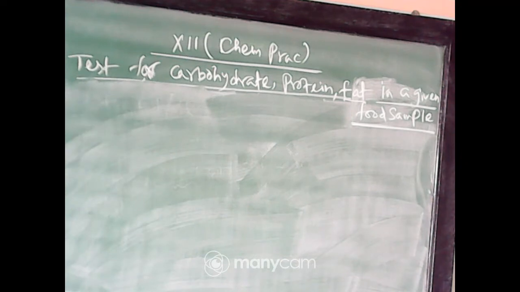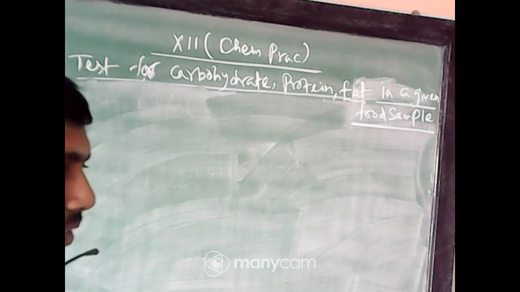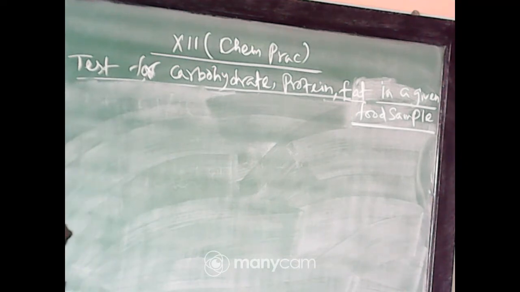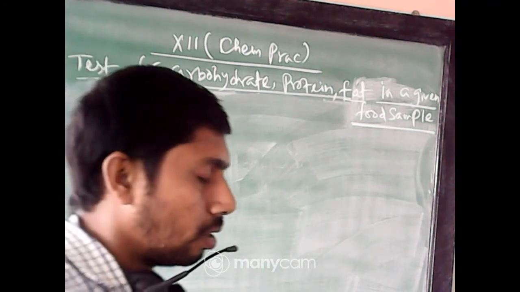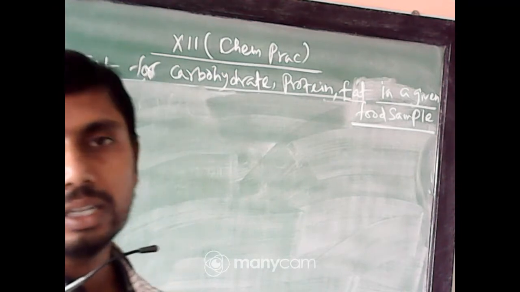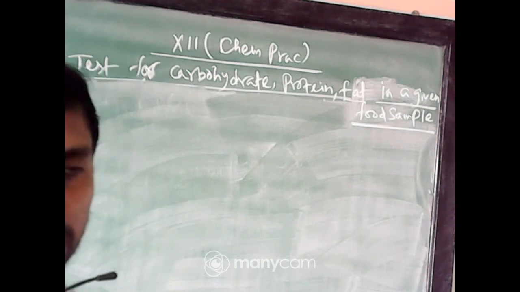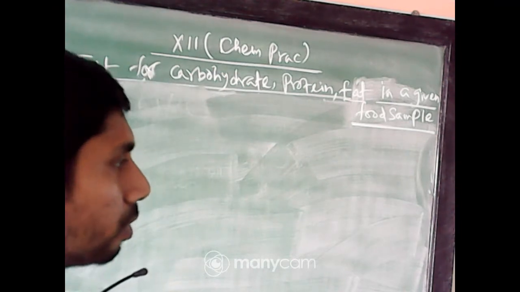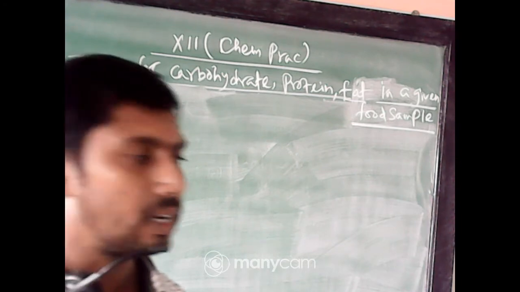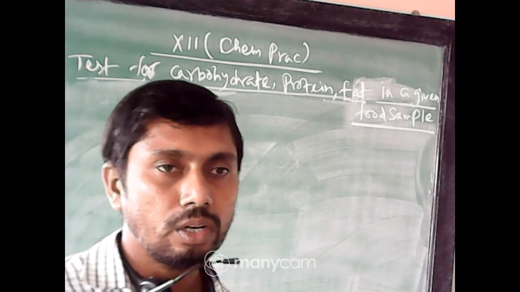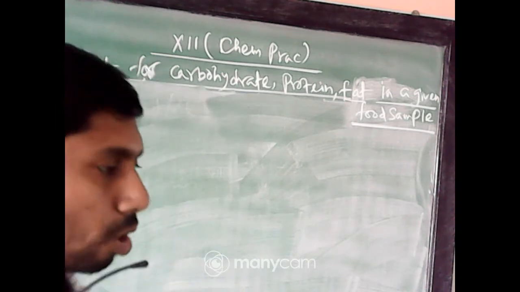And today's part, what you have to write in your copy, this experiment, I will write on the board and you will copy the same and just write it in your lab time. You can take a snapshot or any other method, but write it in your copy directly.